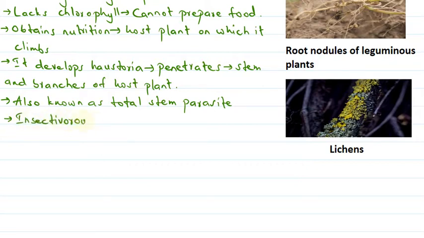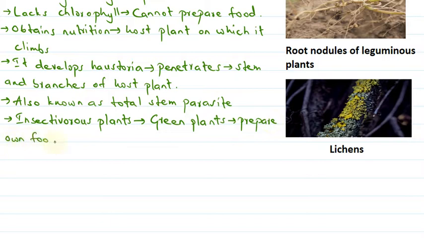Insectivorous plants. They can also be called carnivorous plants. These plants are actually green plants. They do photosynthesize, and they can prepare their own food by performing photosynthesis.